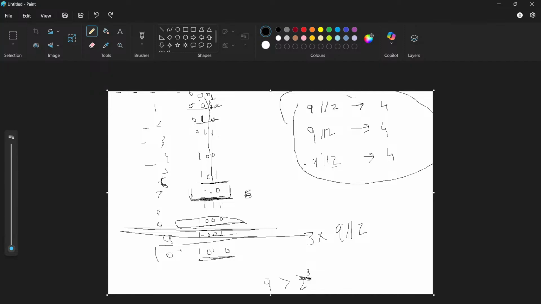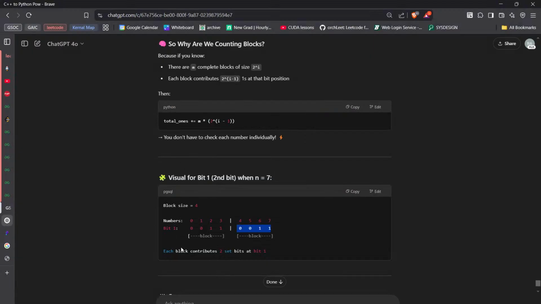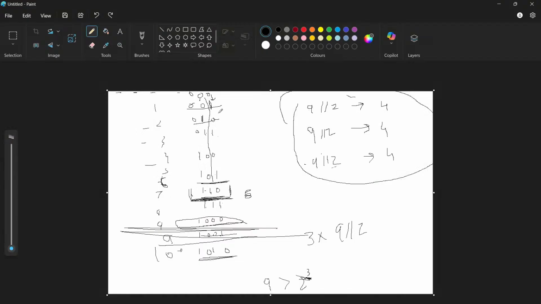So what are we trying to calculate for each bit position? Let's say this bit position in the middle, we are trying to calculate how many blocks there are. So this is 1 block, this is 2 blocks. For 9 there are 2 blocks of the first bit.